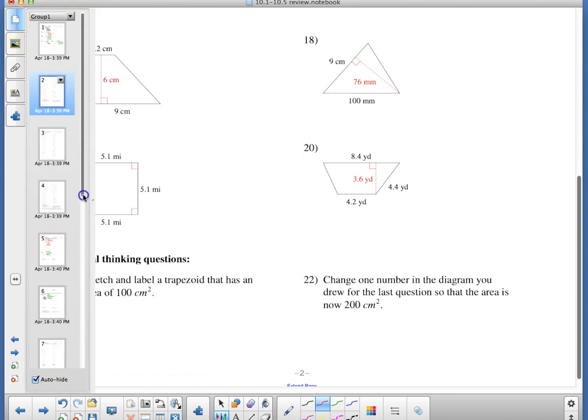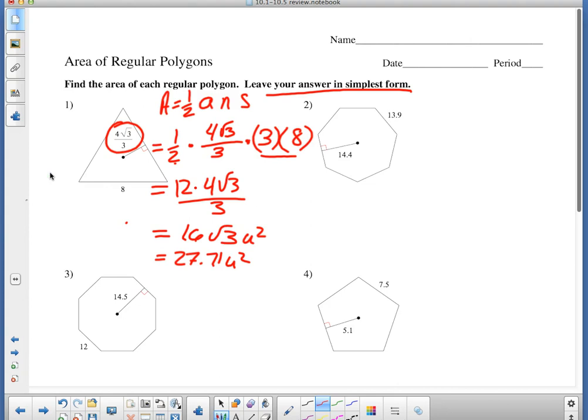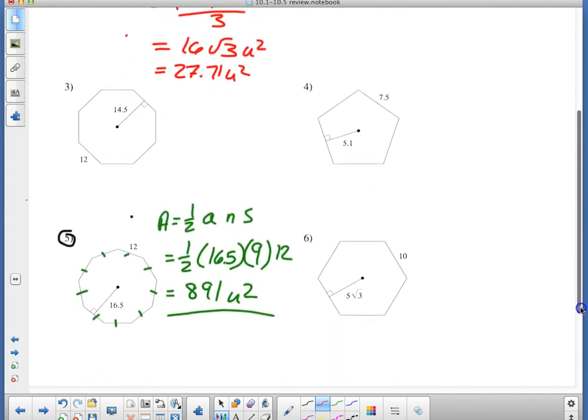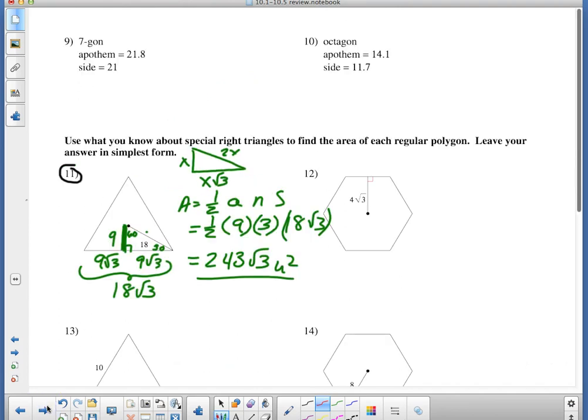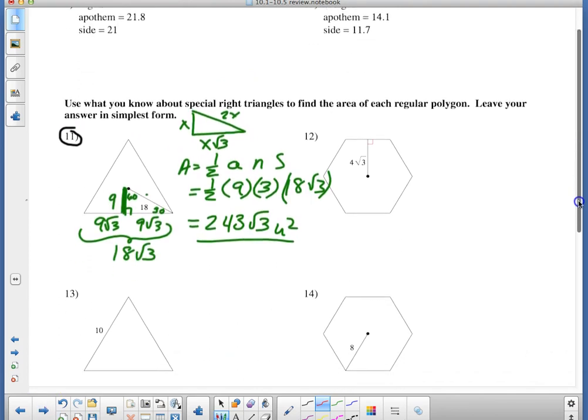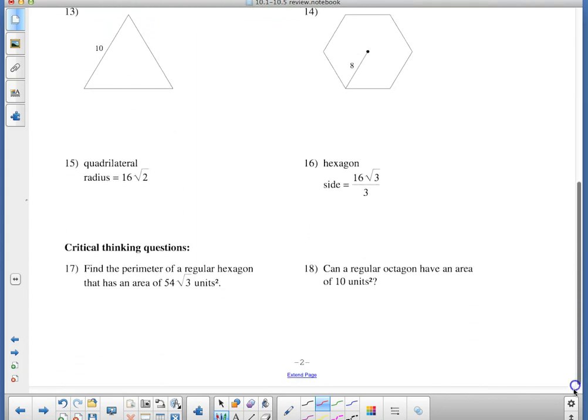Now the other set over here, okay, you've got area of regular polygons. It's the next page in the very back of your notes. Okay, you got area of regular polygons, and you're doing the odds I didn't do on the notes portion of today's video. Okay, so you're doing the odds that I did not do on this one as well.